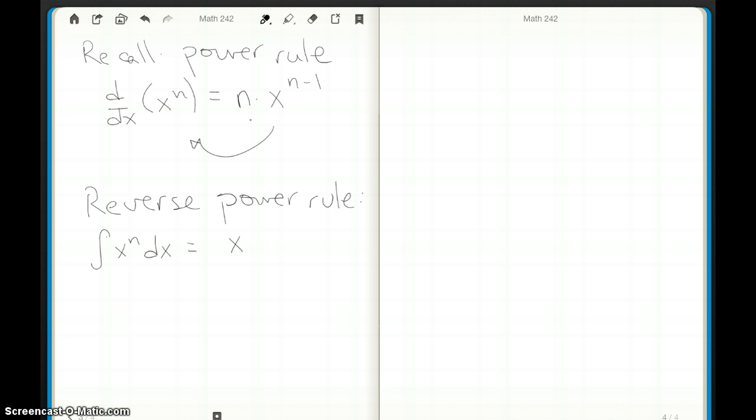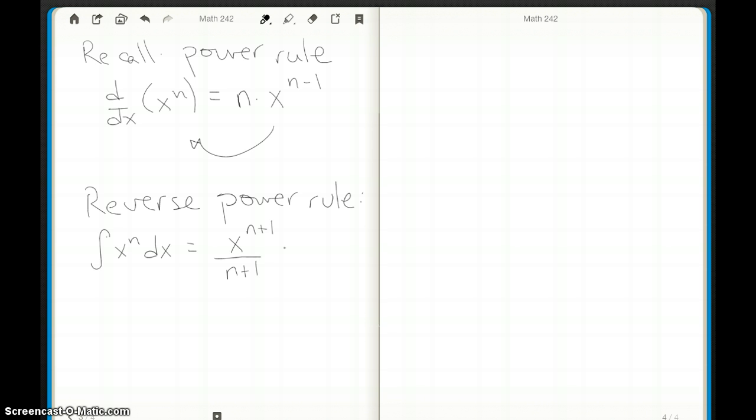I need to add and then divide. So add 1 to the power, right, and then divide by that new power. Okay, so again, if I start with x to the 5th, I'm going to write x to the 6th divided by 6, and we'll do an example of that in just maybe a minute.